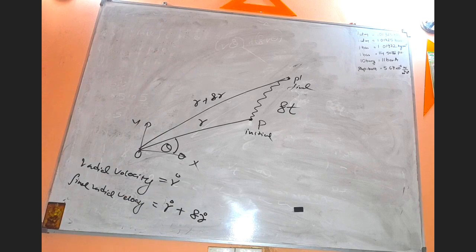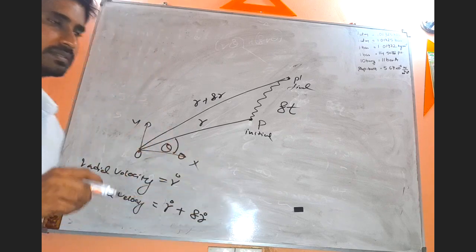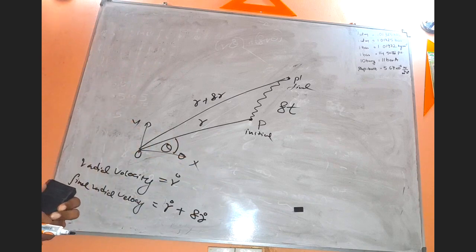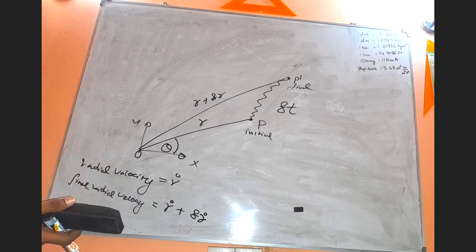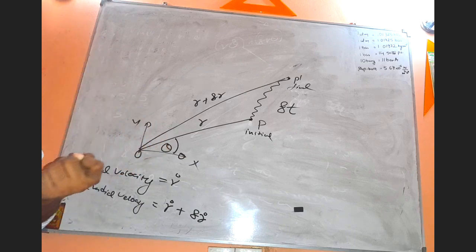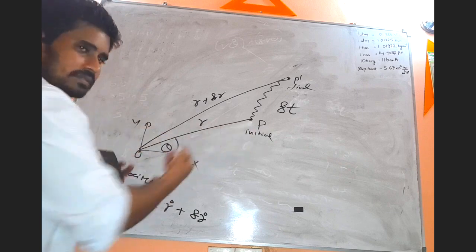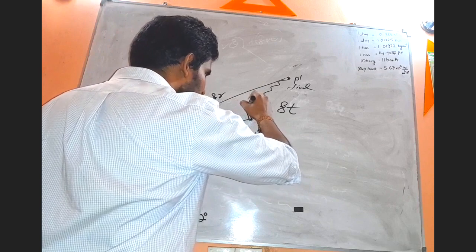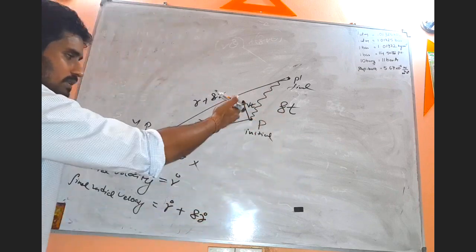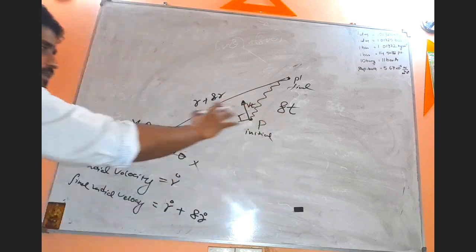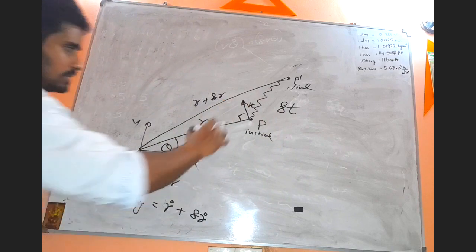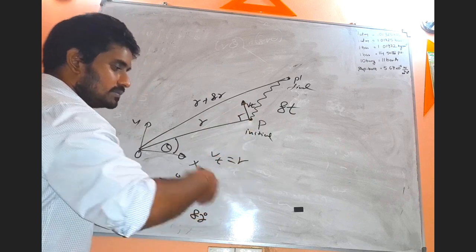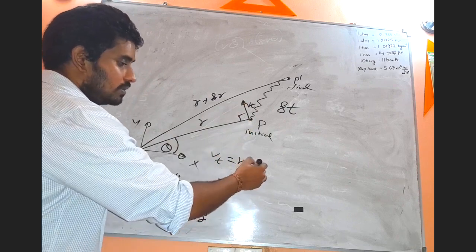Now what is the initial tangential velocity? Tangential velocity is the velocity in a direction perpendicular to that radius. If I call it Vt, the tangential velocity perpendicular to this radius is given by the radius times the angular velocity omega.